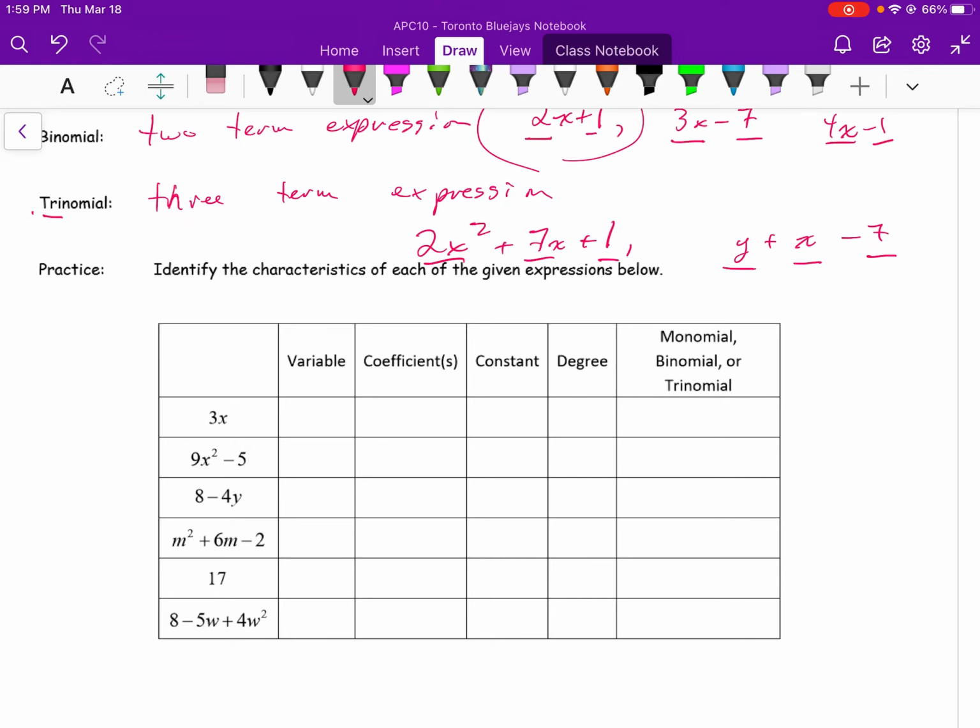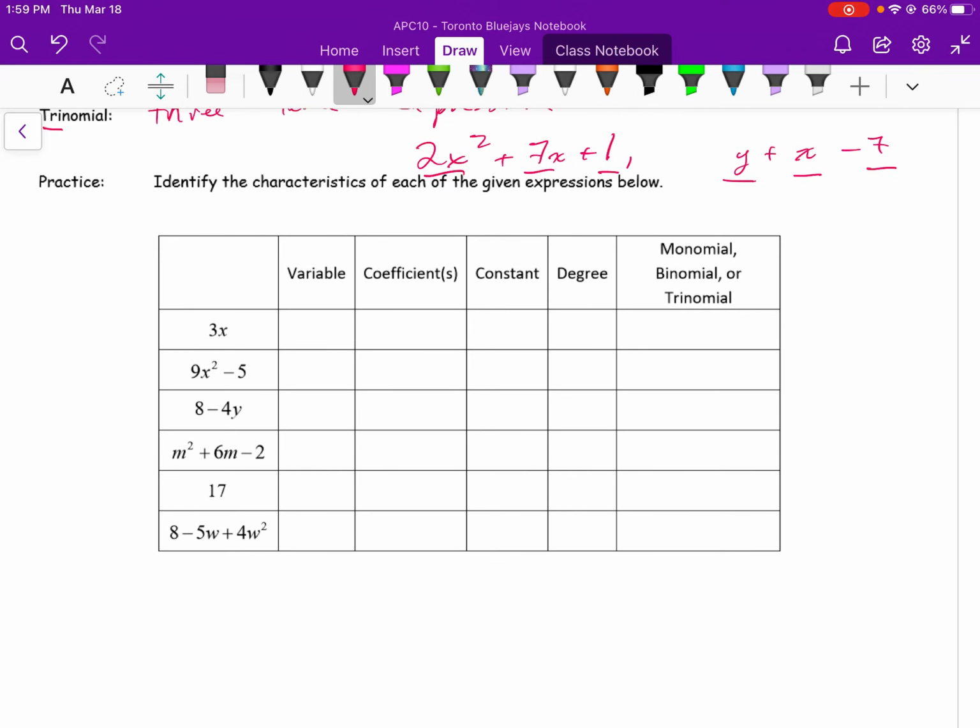So we're just going to identify the characteristics. I'm going to take this hardest one, the bottom one: m squared plus 6m minus 2. The variable here is the unknown, and it's represented by the letter m in this expression.